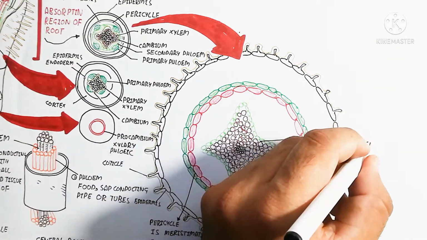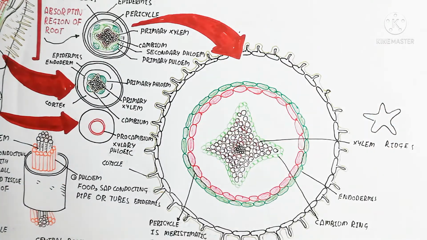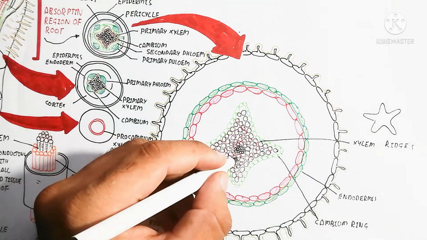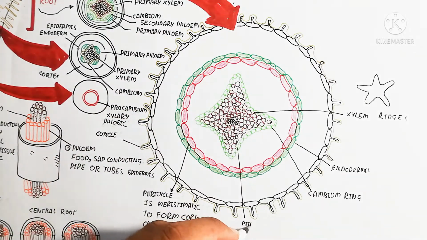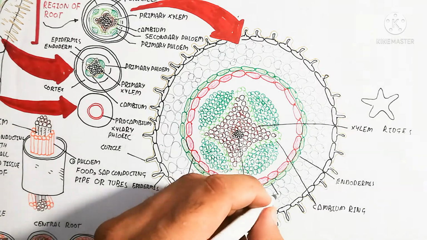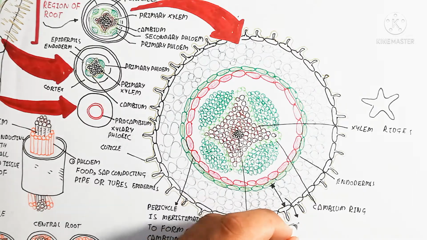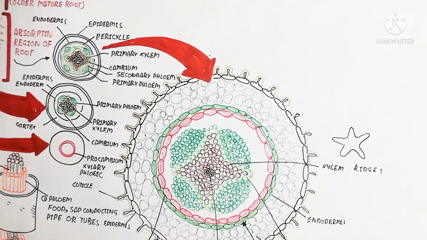Ultimately the primary xylem will move inside to become a pith also, but the secondary xylem wraps around the primary xylem, and the xylem contains ridges, star-like or multiple ridges, while here the green color shows the phloem. Phloem is developed on the outer side, while here is the cortex.